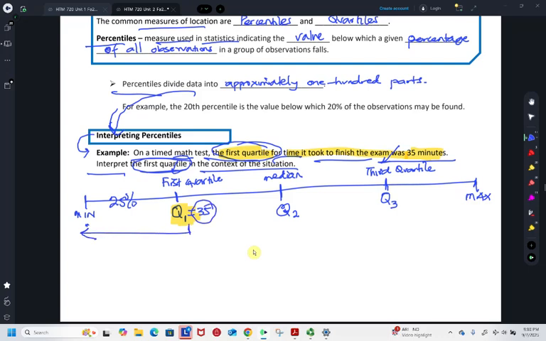That is the implication of that. Again, that's 25% of all students, the quarter, finished the exam in 35 minutes or less. And that means that the remaining 75% completed the exam in 35 minutes or more.